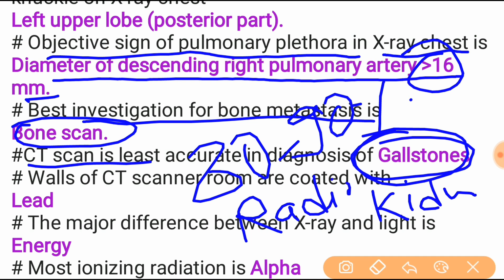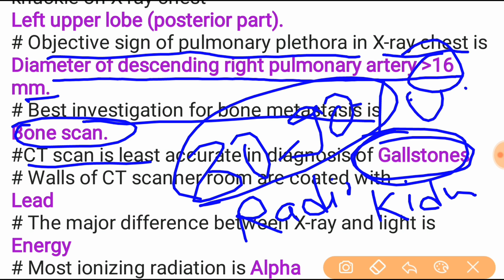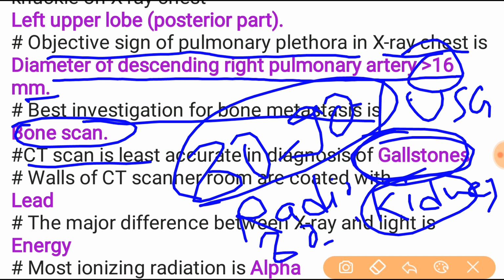That means for such gallstones, USG is the investigation of choice, while for kidney stones, 80 to 90% are radio-opaque. So here X-ray or CT scan will be the investigation of choice for kidney stone.